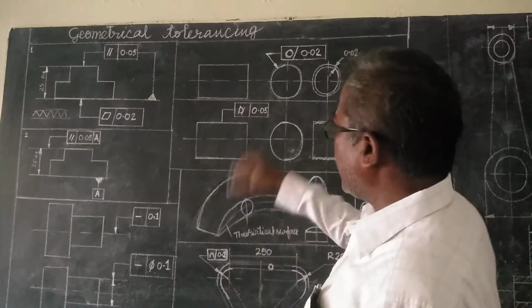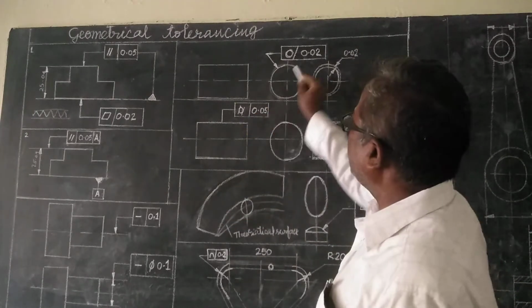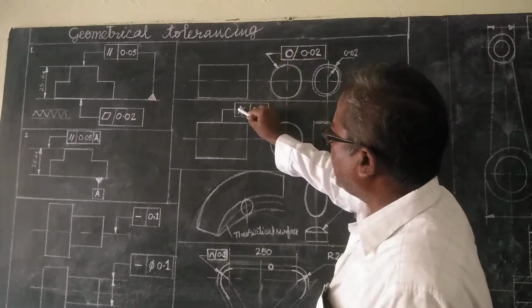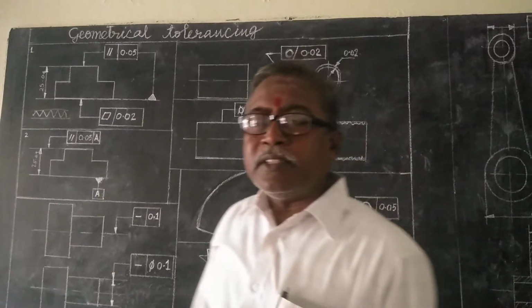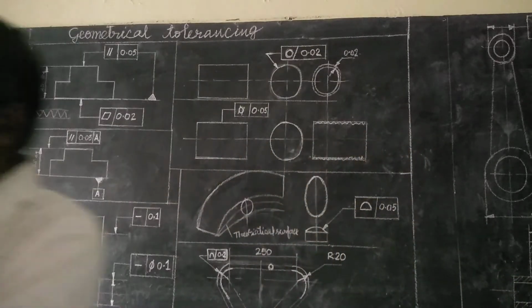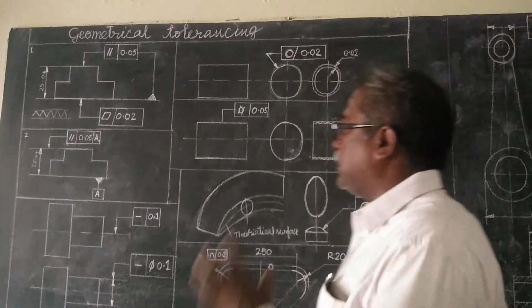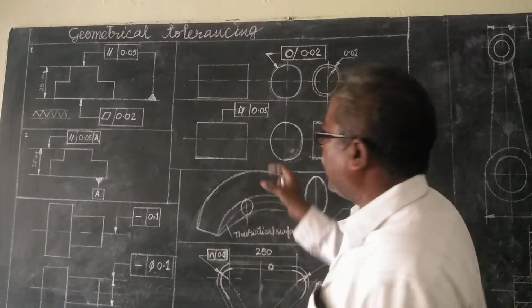Then in the same way we are going to discuss this one. This symbol you see, only a circle. What is the name of this one? Cylindricity. This cylindricity is given, how are they going to check the cylindricity?